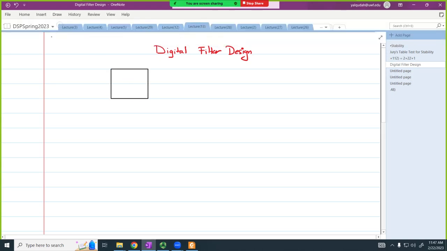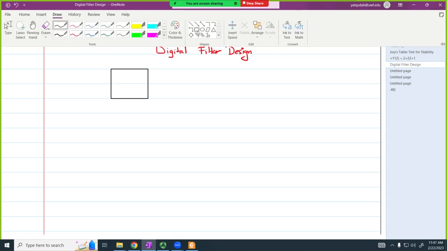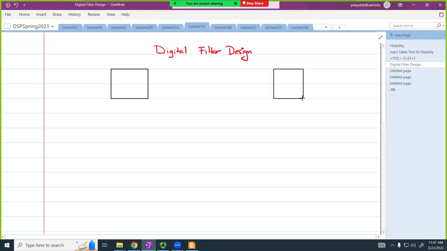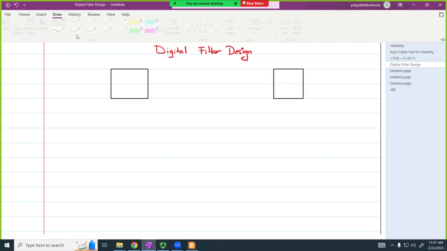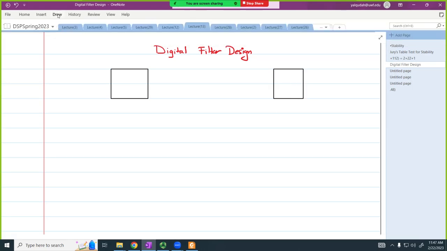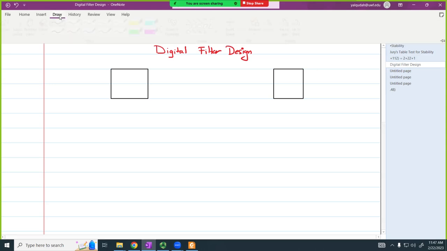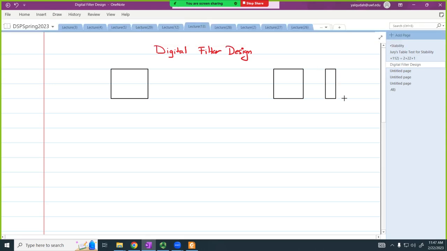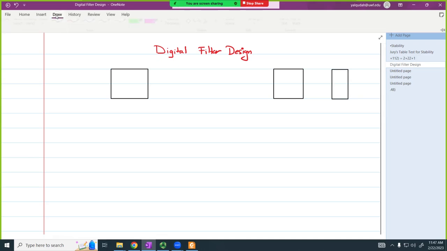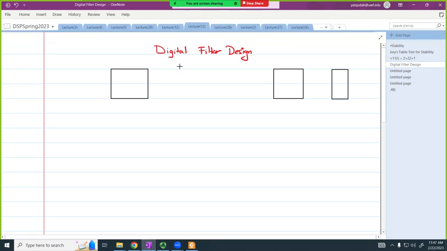Most of the signals that we're going to encounter in real life are going to be analog signals. However, what we like to do is process them using a computer. So if I look at what we're trying to do, the size does not indicate anything though.